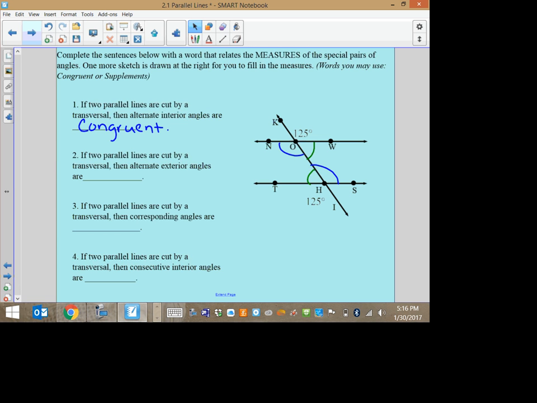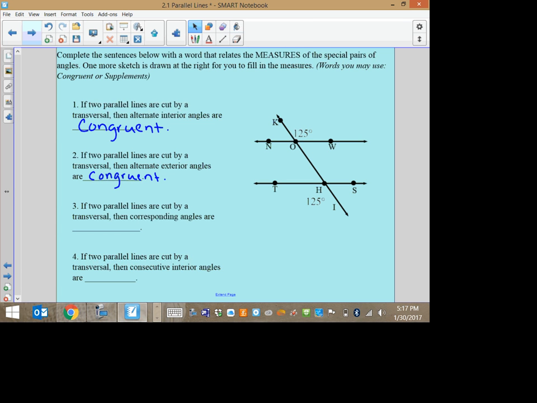And then if two parallel lines are cut by a transversal, then alternate exterior angles are also congruent. So our alternate exterior angles, those two angles are congruent, as well as these two angles. And you can see the 125 degree is marked there, so you can see that they are congruent.